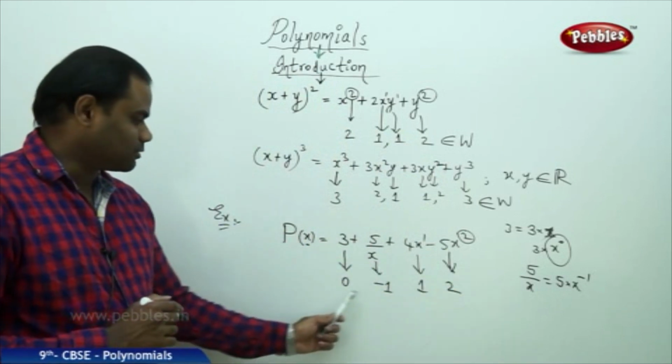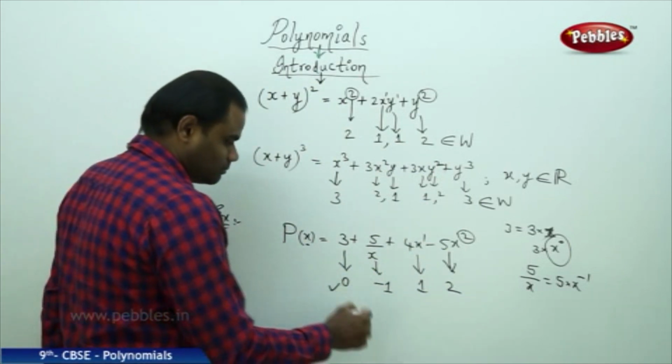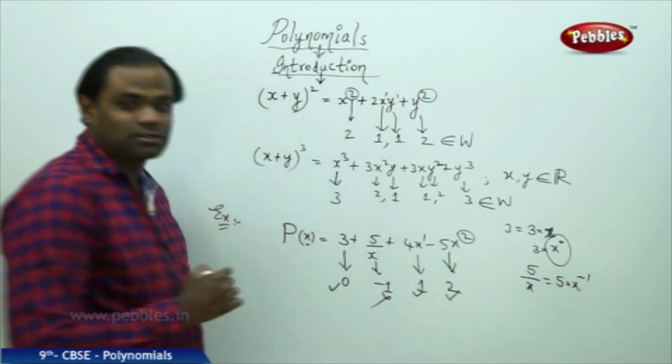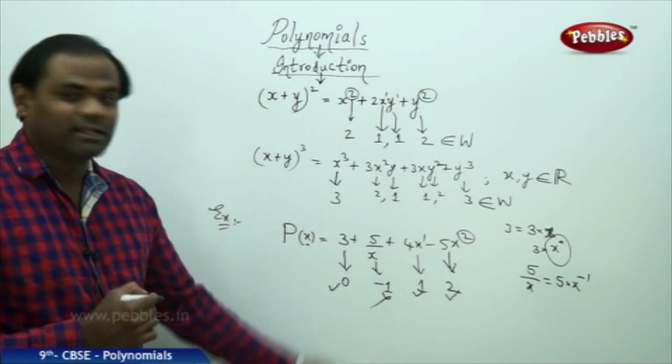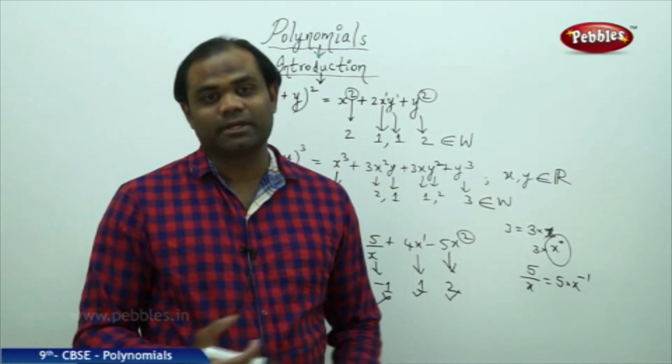I have the constants 0, minus 1, 1 and 2. Yes, this is a whole number, this is a whole number, this is a whole number, but this is not a whole number, because minus 1 does not belong to W, as discussed in the previous sessions.